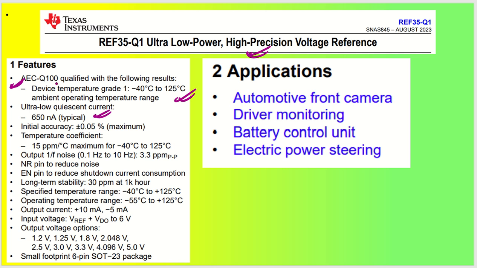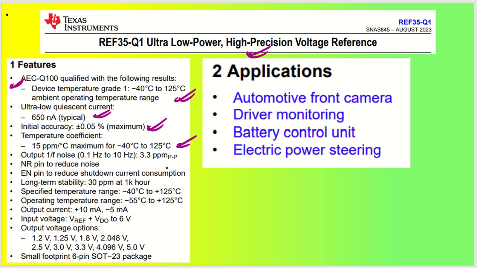It has an ultra low quiescent current of just 650 nanoamperes, less than a microampere even. Then it has an initial accuracy of plus minus 0.05%. The temperature coefficient is plus minus 15 ppm per degree centigrade. Not that great, but it is okay. It has output noise, which I told you is measured from 0.1 hertz to 10 hertz, of just 3.3 ppm.